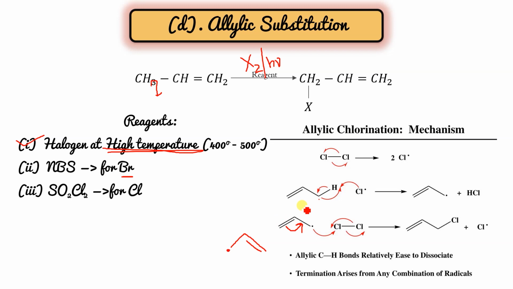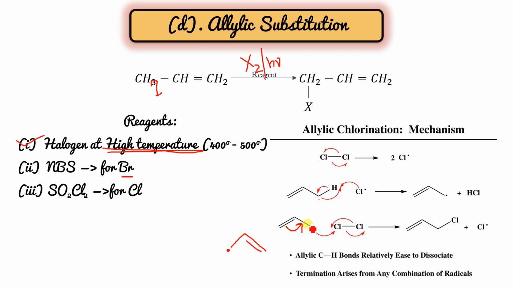Yes, this is an allylic free radical, and we know that if we talk about the stability of the carbocation, the benzylic carbocation is the most stable because of resonance. Then lesser than that is allylic because of mesomeric effect, and then the tertiary due to hyperconjugation, secondary and primary is the least one.